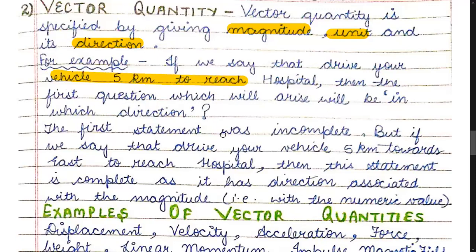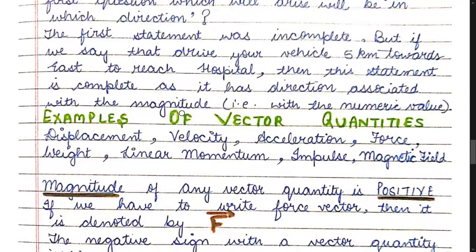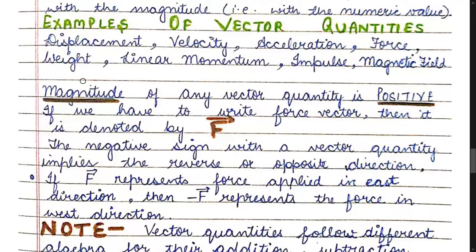But if we say drive your vehicle 5 kilometers towards east to reach the hospital, now this statement is complete as it has direction associated with the magnitude. So 5 is the numeric value, kilometer is the unit, and east is the direction. Right now I have given you an example of a vector quantity. Now let us discuss some examples of vector quantities.